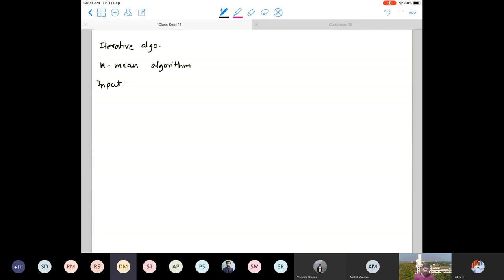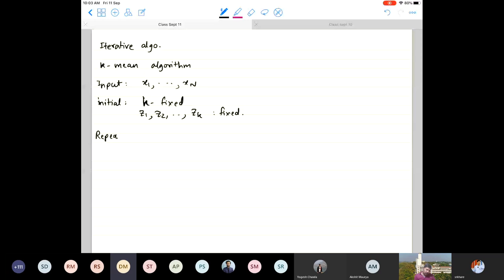Input is data points x1, x2 up to xN, and initial k fixed. So we fix k and we take z1, z2 up to zk. They are also fixed. So I fix the number of clusters and I fix the representatives. And then what do I do?